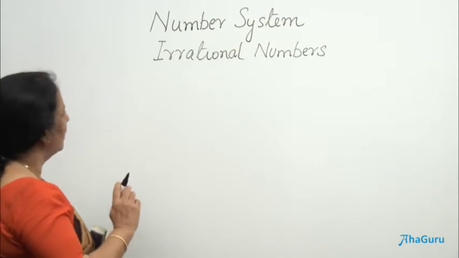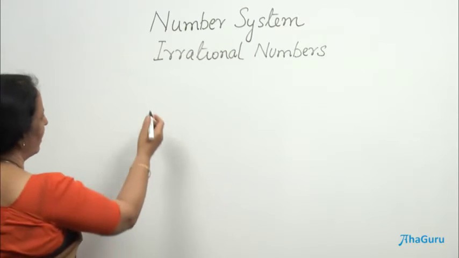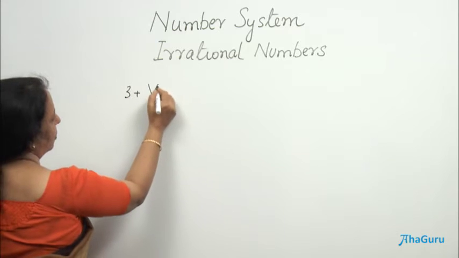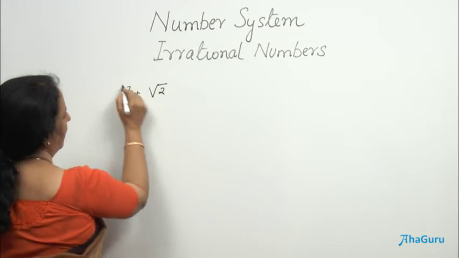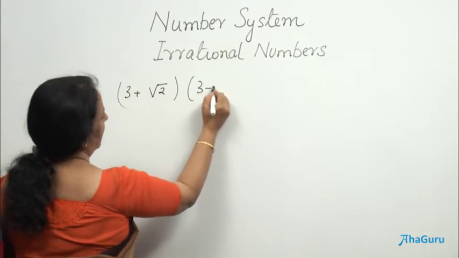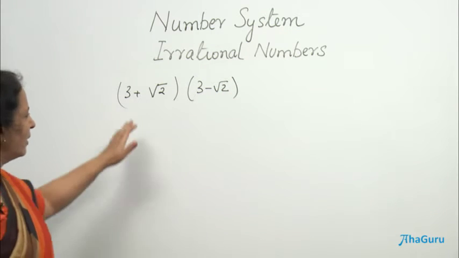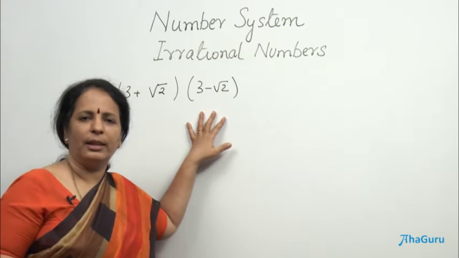Okay, when we were doing multiplication, we learnt something like this, isn't it? Say 3 plus root 2. Then I multiplied with 3 minus root 2, and we really used our algebraic identity.